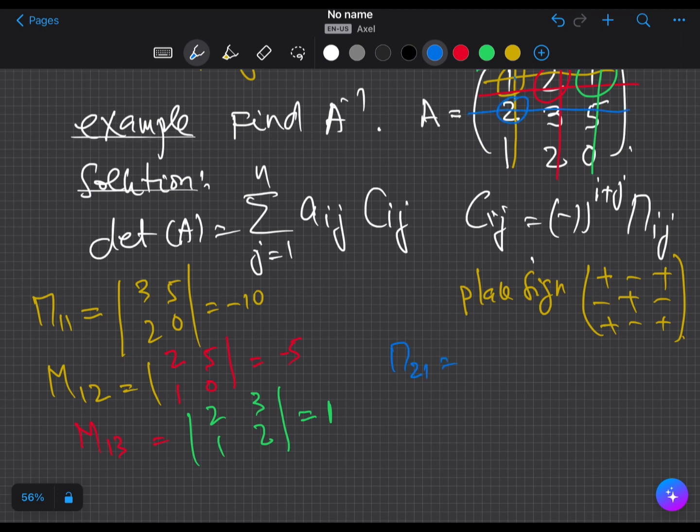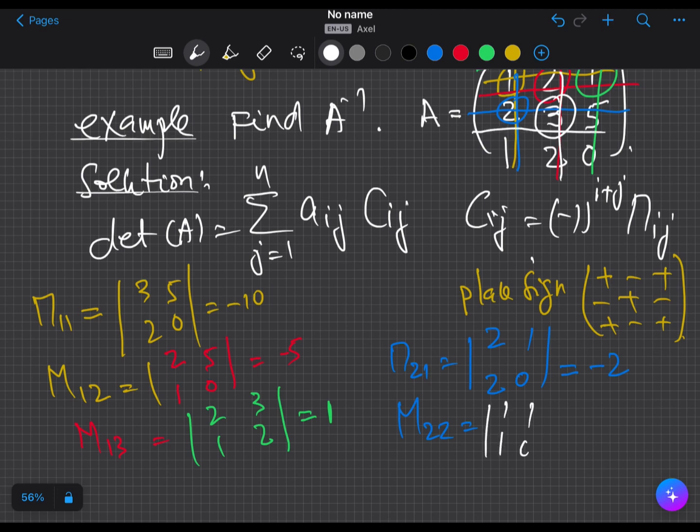So I do this and this, I'll be left with 2, 2, 1, 0, which is 0 minus 2. And the minor of 2, 2, this term here, I'll be left with 1, 1, 1, 0 equals minus 1, right?